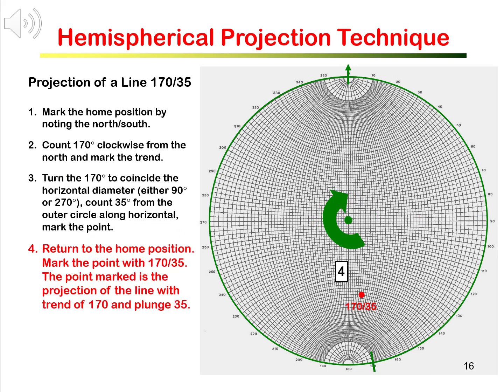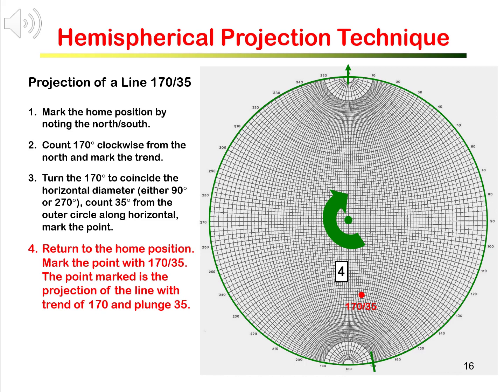Step 4. At the moment, the tracing paper is not at the starting position, as it has been turned in step 3. So we need to return to the home position by turning the tracing paper so the north point is indeed on the north of the net.